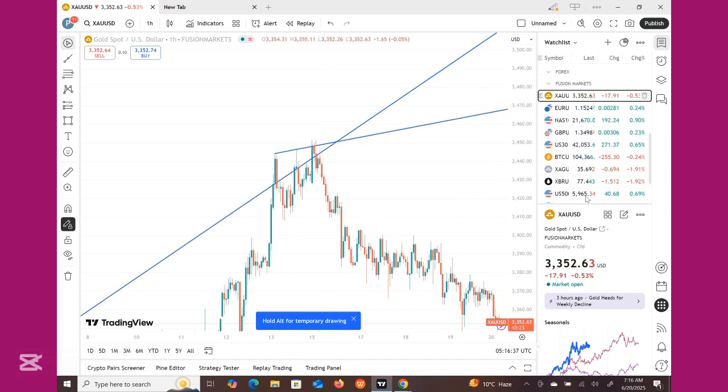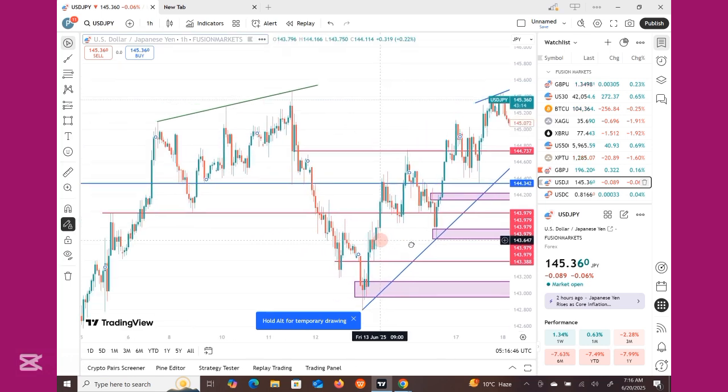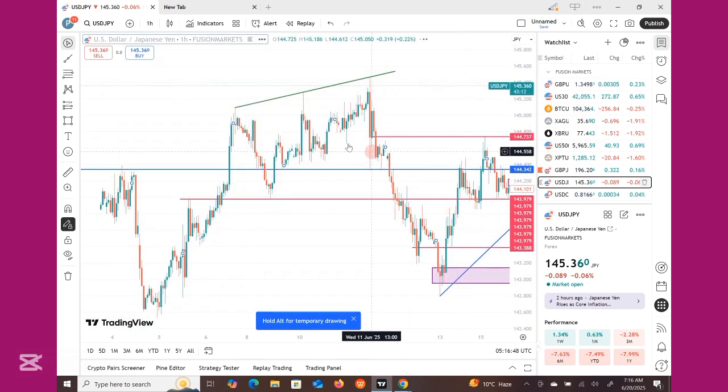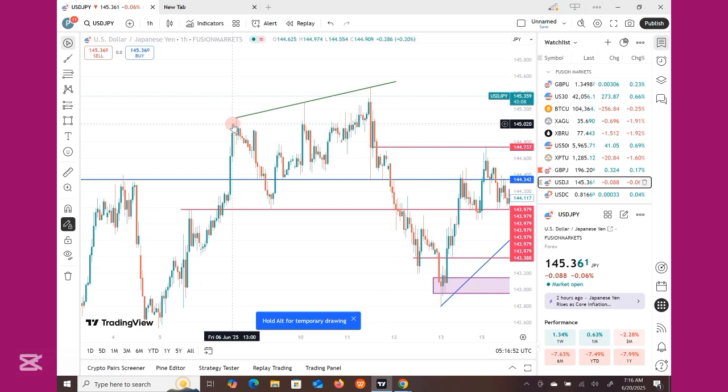I also spotted it. There's a place where I spotted it again on the USD JPY. See, this is your first point, this is your second point, and you use the third point as your entry point.